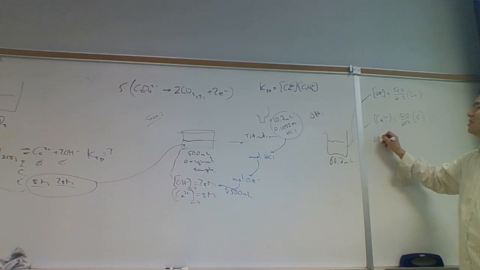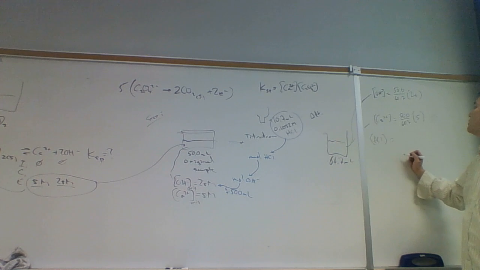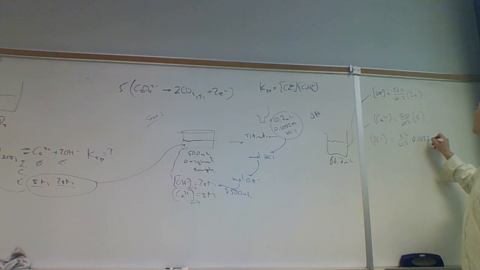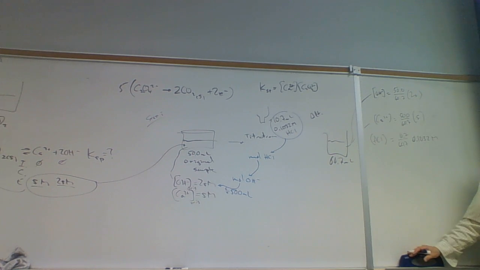And then we need the HCl concentration. The HCl concentration is going to be 10.7 to 60.7 dilution times 0.1032 molar. So this one we could solve here.